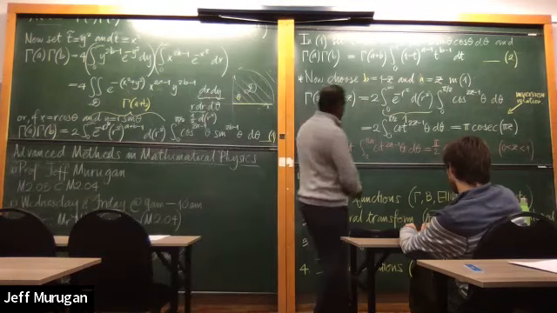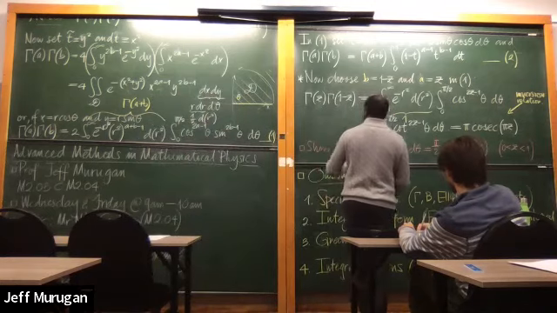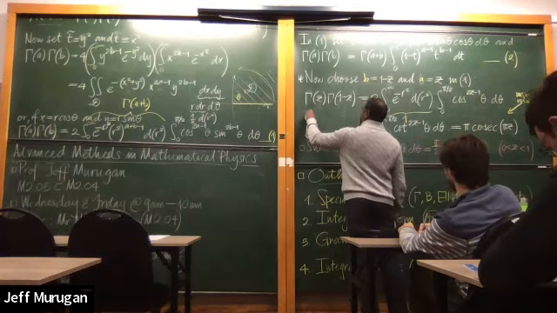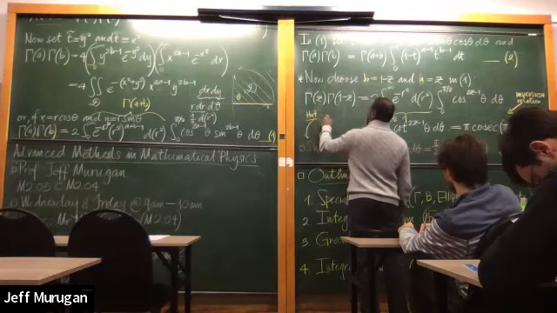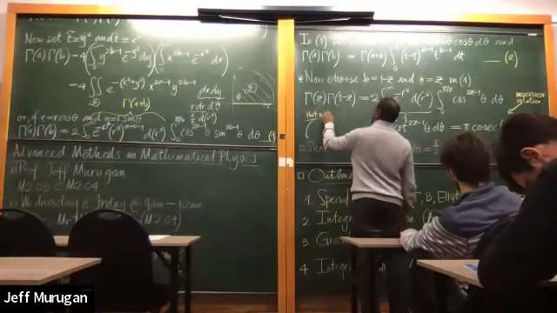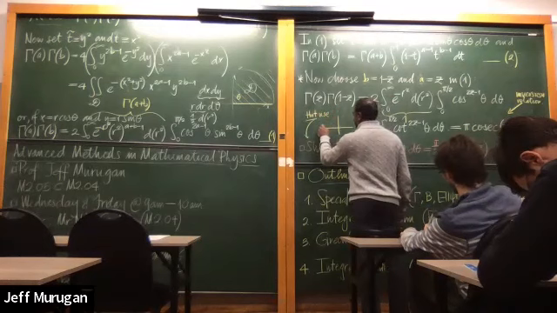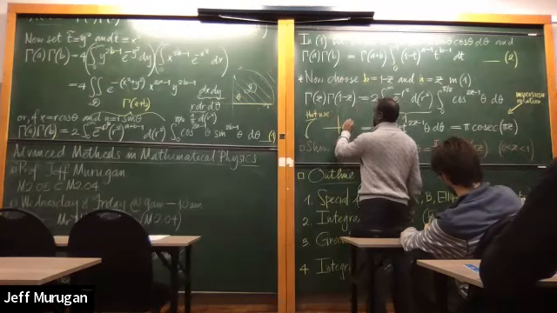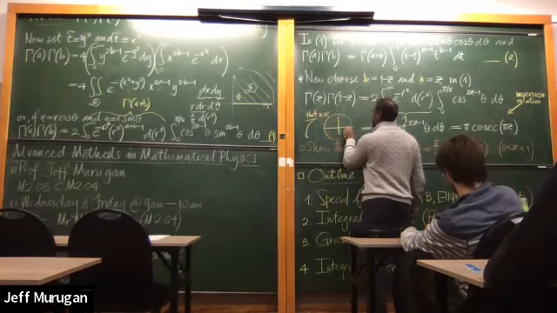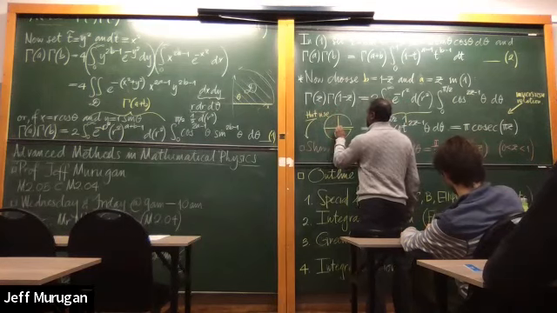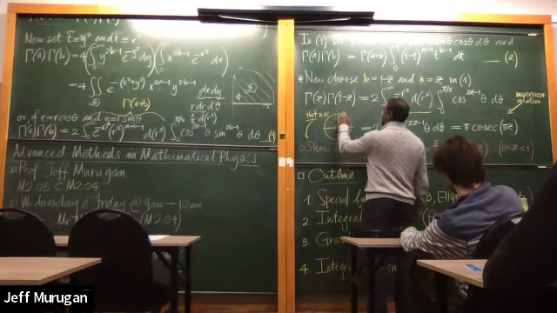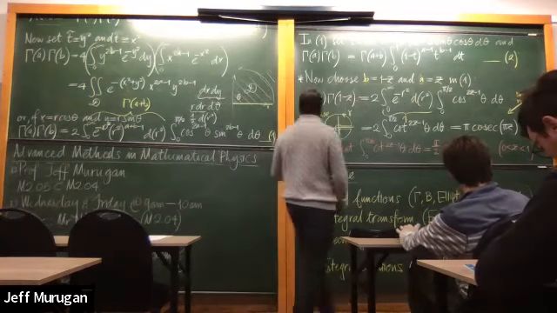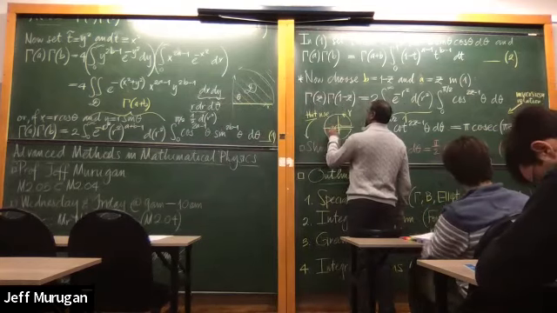Let me just give you a hint for this. To do this integral, you need to do the integral over the following contour, say gamma, and this is minus 1.